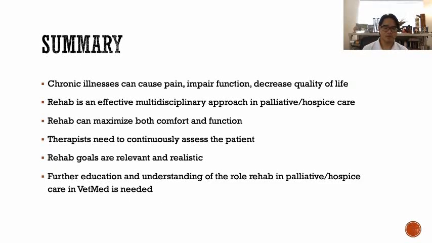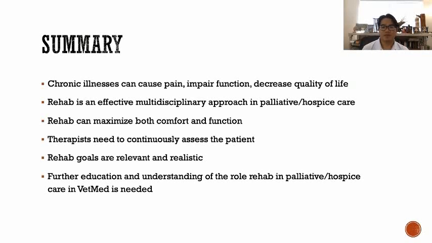Rehab, although it's a new specialty, is utilized a lot on the human side to help patients with palliative and hospice care. So to me, it is important that we consider rehab an effective multidisciplinary approach in patients that need palliative and hospice care. What rehab does is help to maximize both comfort and function level of the patient.